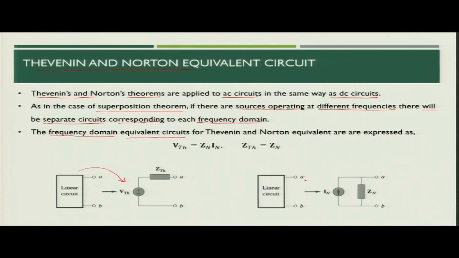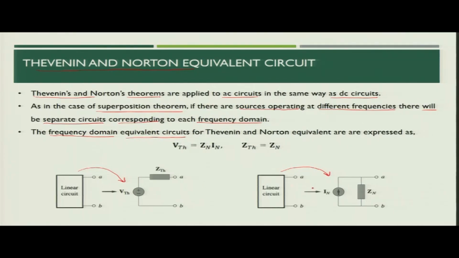Similarly, in case of Norton's equivalent, a linear circuit will be converted into the Norton's equivalent, where current source, that is Norton's current source IN, will have the Norton's impedance in parallel.